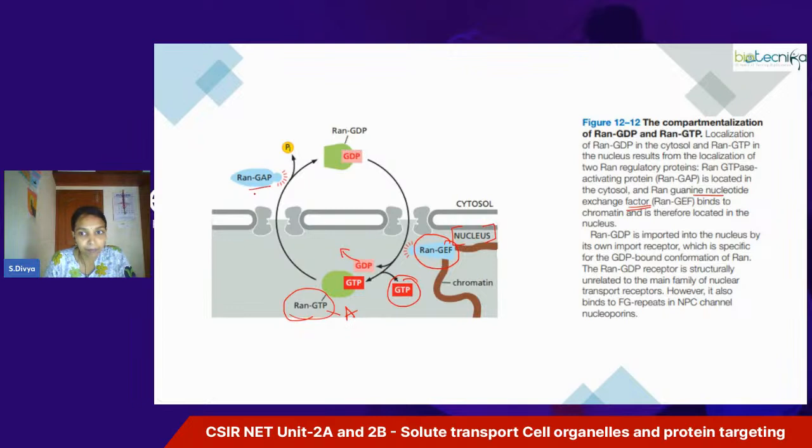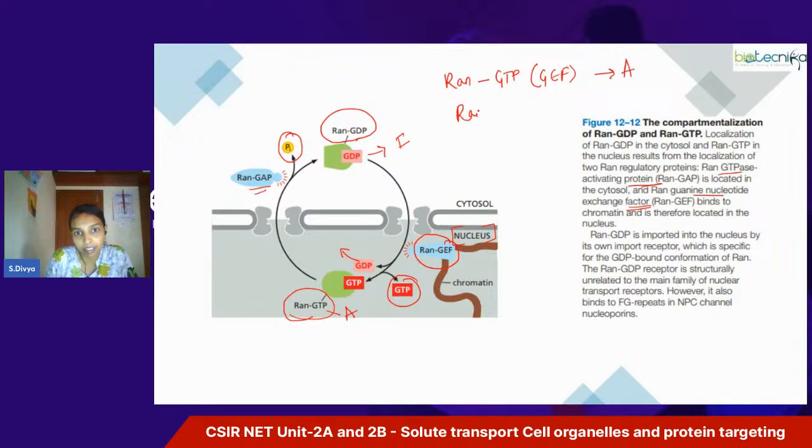GAP. GAP means what? GTPase activating protein. What does it do? It helps in the hydrolysis of GTP, giving rise to RAN GDP. So this becomes the inactive form of the RAN protein. That's why the correct answer is A, B, and D. Remember, RAN bound with GTP catalyzed by GEF is the active form.